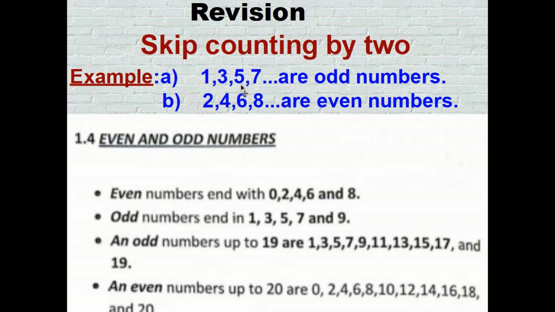So all these numbers are skip counted by 2. When we say even, that means divisible by 2, and when you say odd, they cannot be divisible, and they end up with 1, 3, 5, 7, 9 for odds, and 0, 2, 4, 6, 8 for evens.